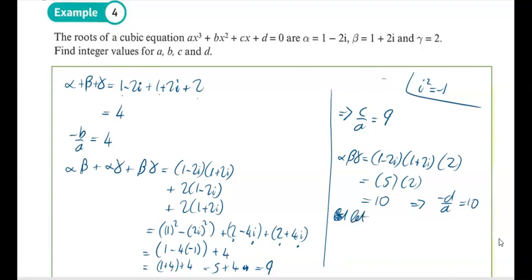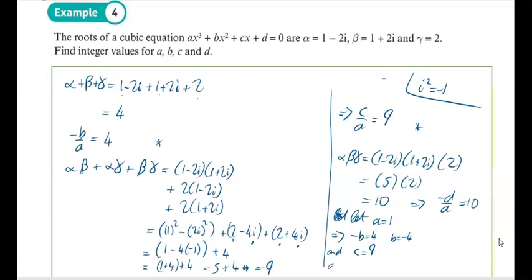Now my method for doing these, I say let a equal 1. So if you let a equal 1, then we go all the way back over to here, that means that minus b is just equal to 4. So that means your b is equal to minus 4. And also, if your a is equal to 1, then that means that your c over a is equal to 9, so c is equal to 9.